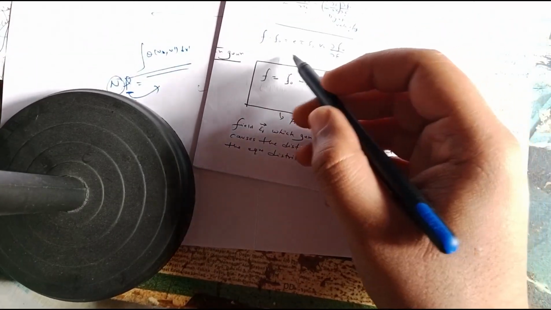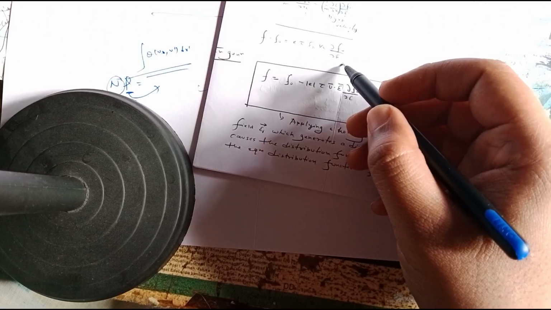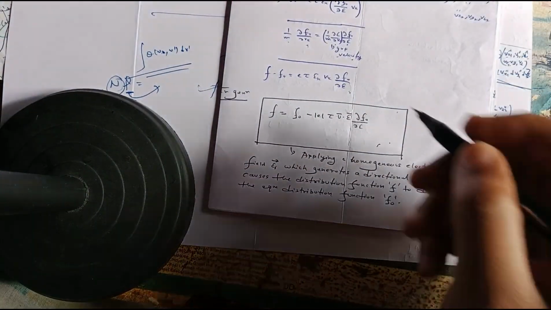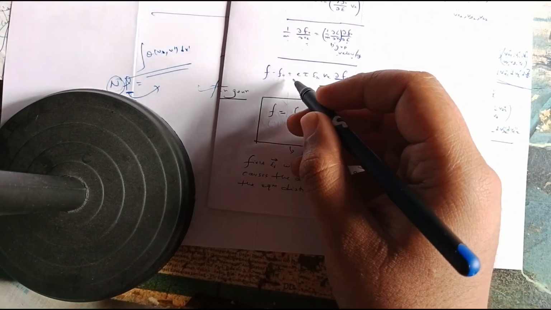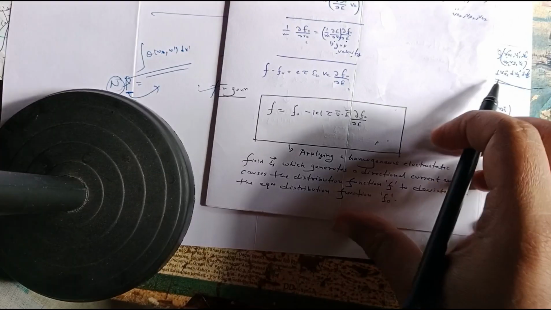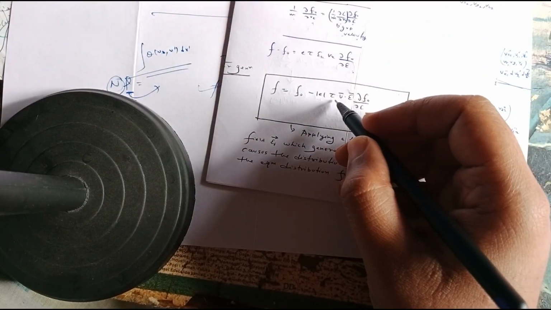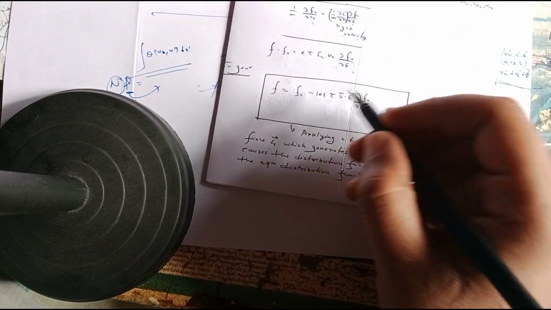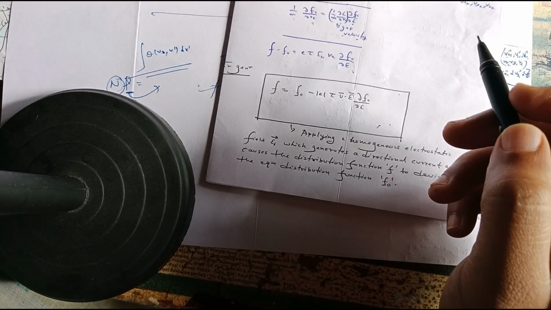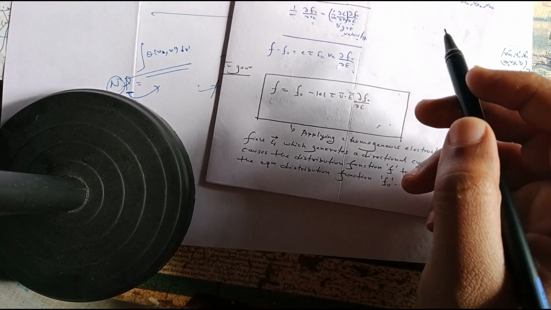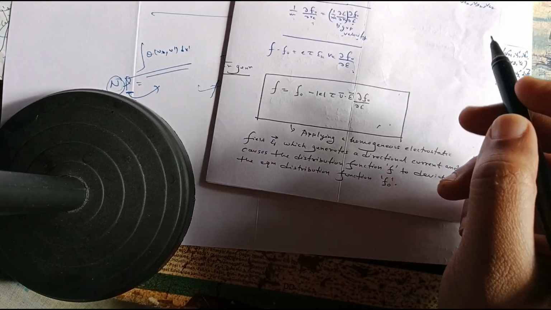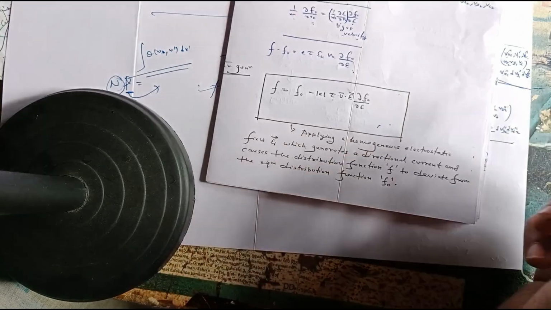In this way we obtain our distribution function. Here we have taken this e as the charge of an electron and it is negative, so the modulus would be negative. And this tau is the relaxation time, the time taken by an electron, just after scattering, to reach another scattering point.